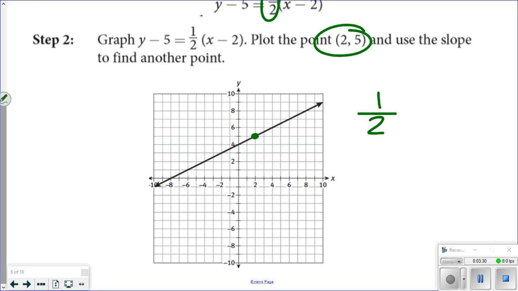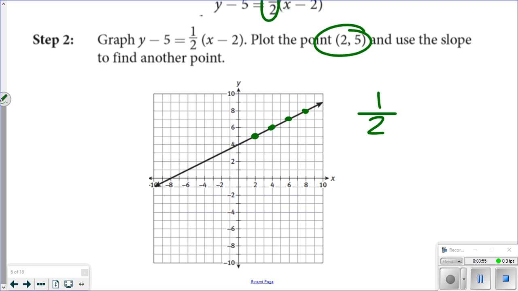Okay, and put your pencil, you can't see mine, but put it right on that point, and I want you to go up 1 space, over 2 spaces. So up 1 space, over 2 to the right. Keep at that dot, go up 1, over 2 spaces to the right, up 1, over 2 spaces to the right.